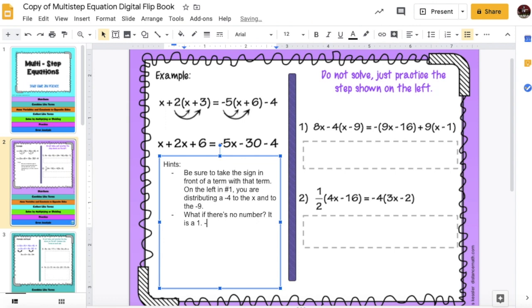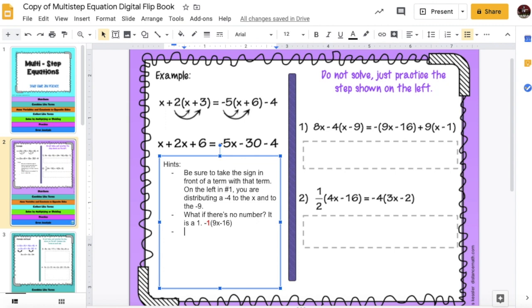So that negative 9x minus 16, what we really have right there is a 1. There are some invisible ones, like every number that doesn't have a coefficient has a coefficient of 1. It's the same here. So here you're distributing a negative 1 to the 9x and to the negative 16.